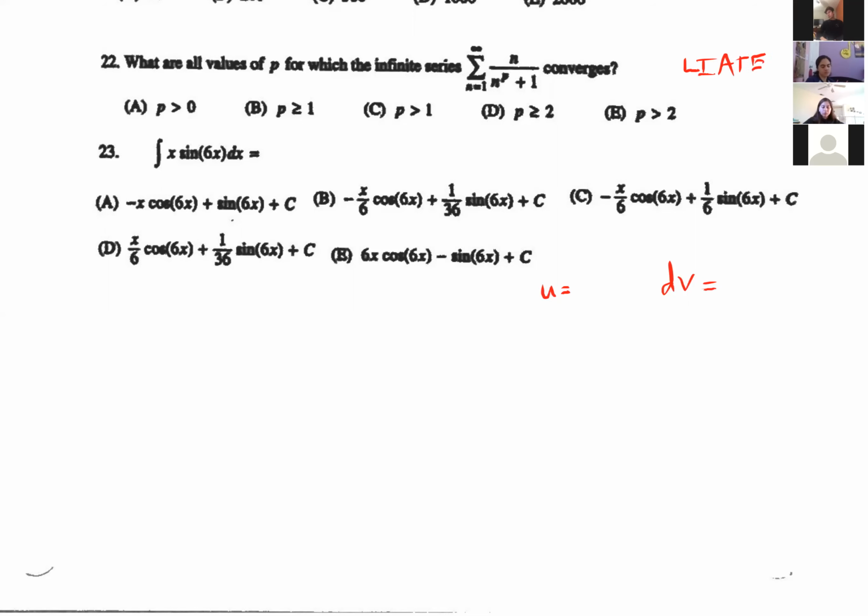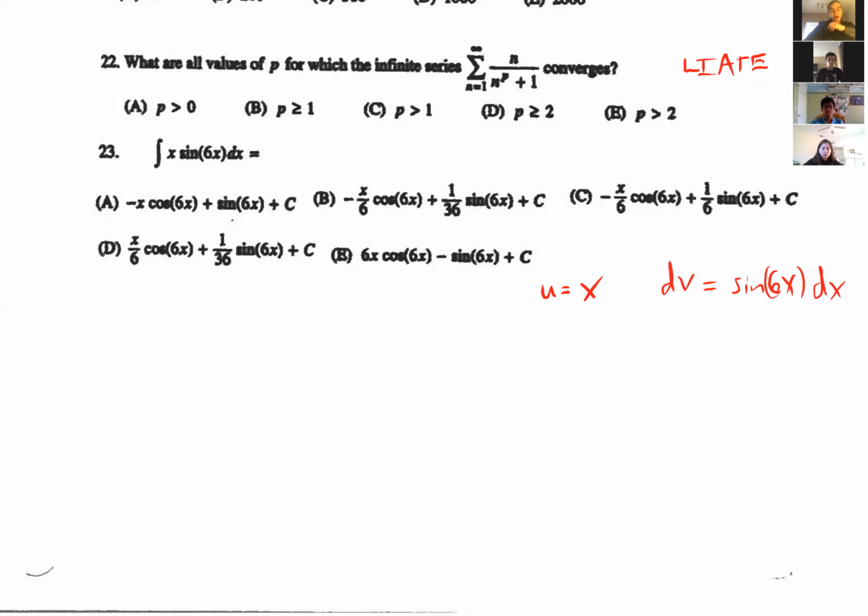Any natural logs? No. Do we have inverse trig? No. Do we have algebra? What's our algebraic factor? X. So that means everything else is your dV once you identify whatever U is. Whatever's left over is your dV. So that's sine of 6x dx.